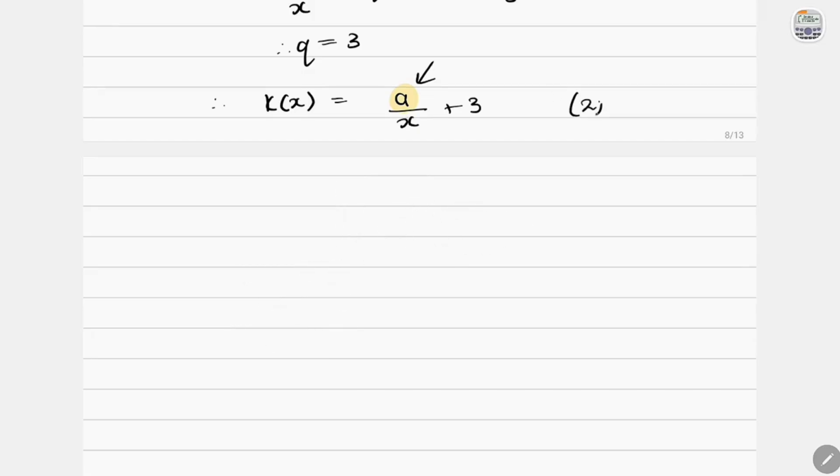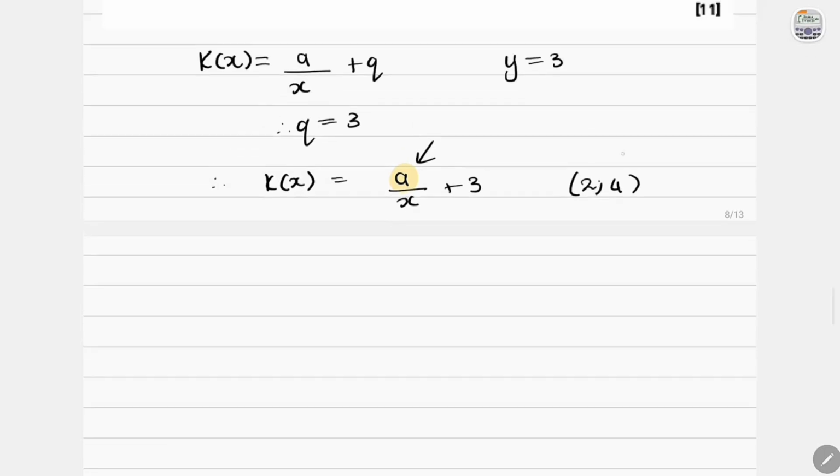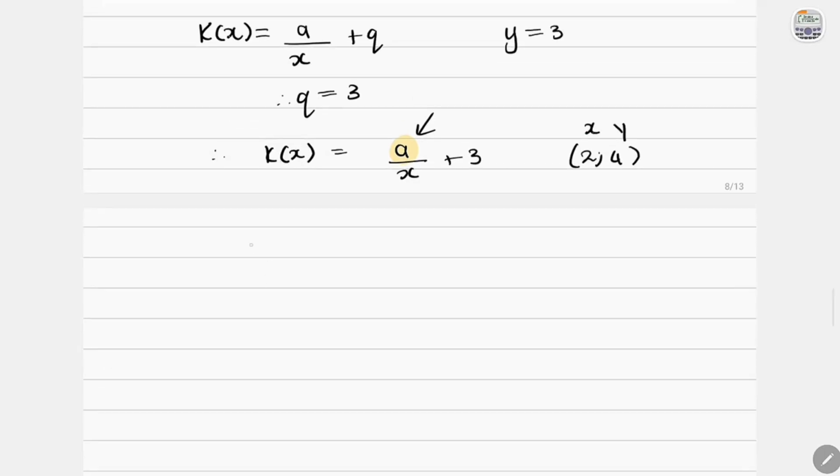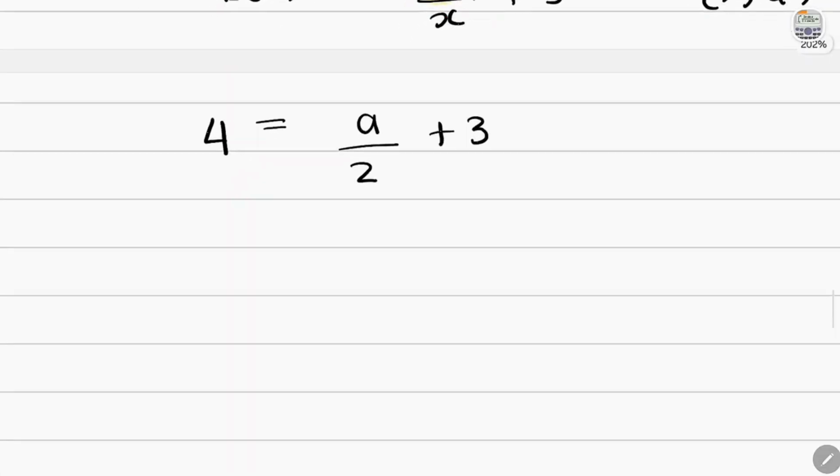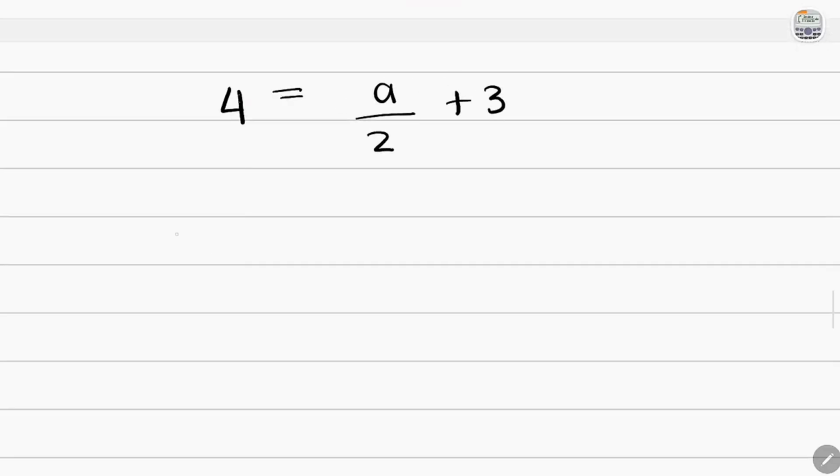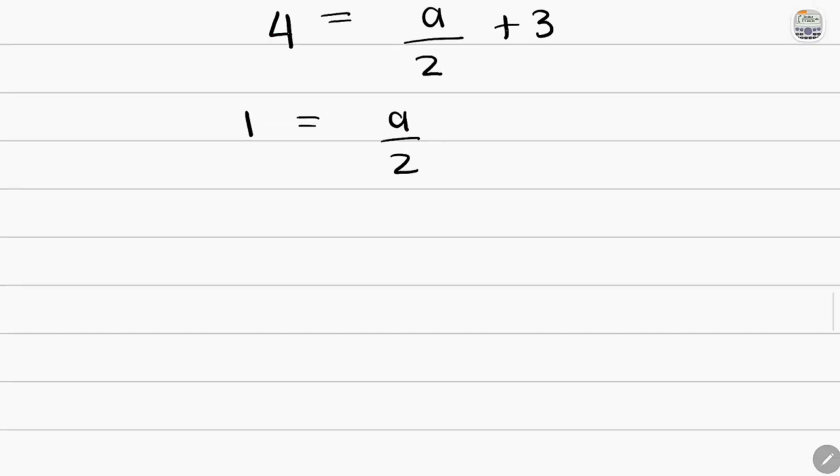So take (2;4) and substitute it in place of x and y, since it actually lies on the graph of k. In place of y, we substitute 4 as a y value, then a over x, where x is 2, plus 3. And now we can solve for a. Transpose the 3: 4 minus 3 is 1. So 1 equals a over 2. Then solve for a.